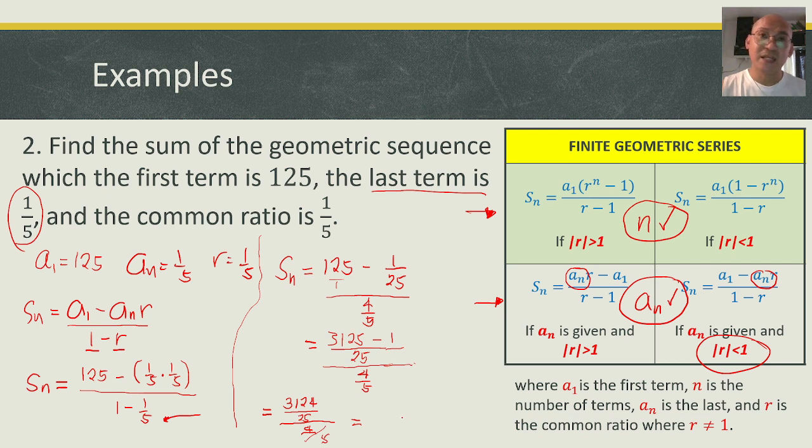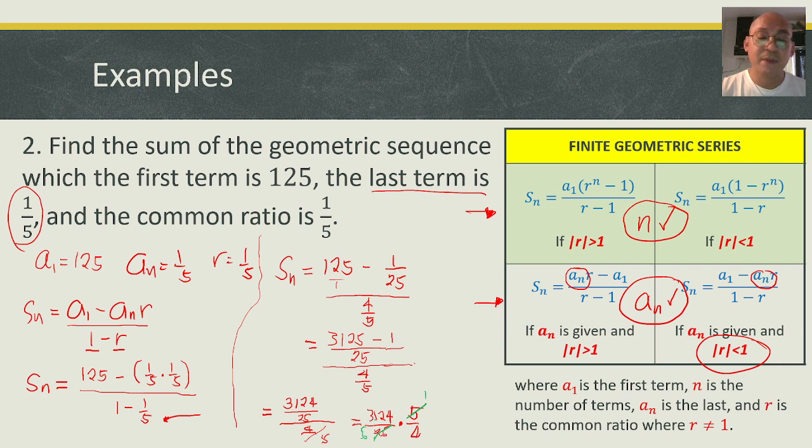Upon getting its reciprocal, that is 5 over 4, and we have here 3,124 divided by 25, we will now proceed to multiplication. And in that case, we can use the cancellation process. We can simplify 5 and 25, that will give us 1 and 5.